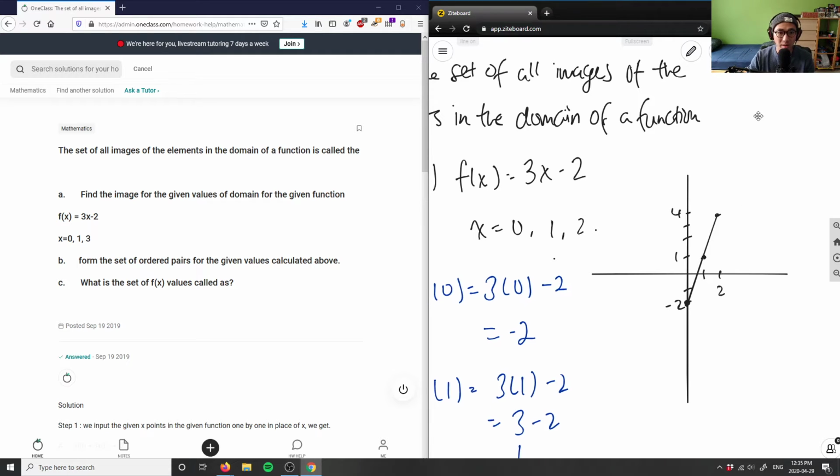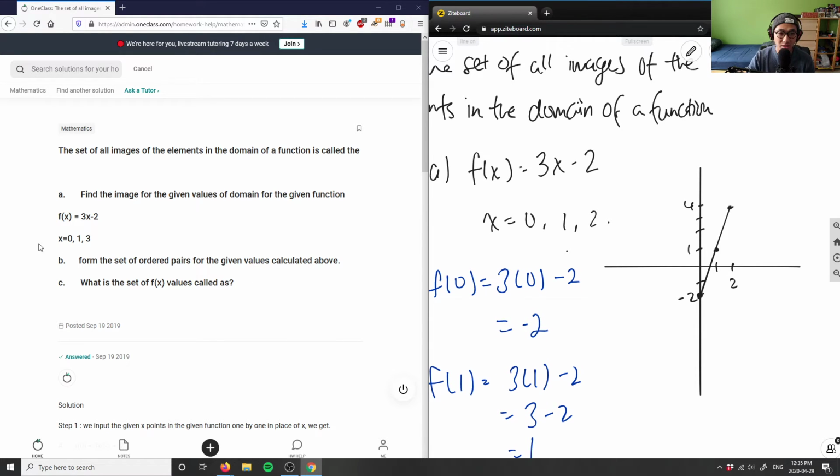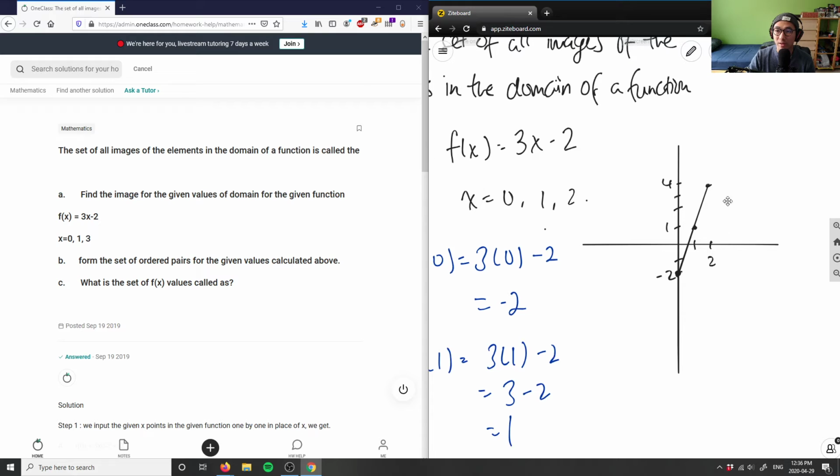It says, what is the domain of this function? The given function in these intervals, right? So the domain of this function is simply just the x values for this function, right? So I'll write this down here. The domain of the function is basically x is a set of real numbers, obviously, and we're going to have to write restrictions to this, right?